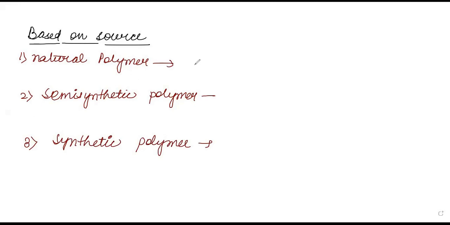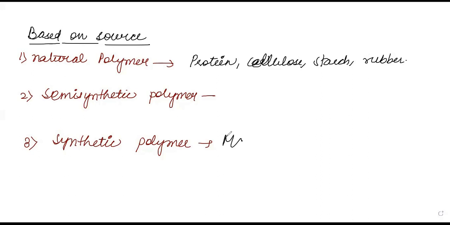Natural polymers are, for example, protein, carbohydrate, cellulose, starch, rubber. These are the natural polymers that we obtain directly from plants or animals. Synthetic polymers are man-made polymers.